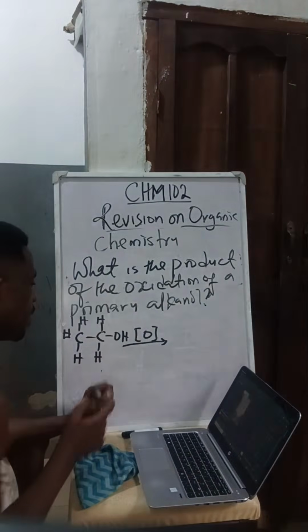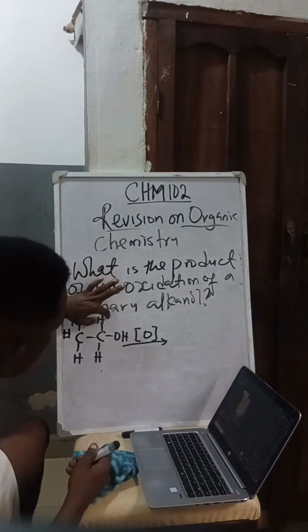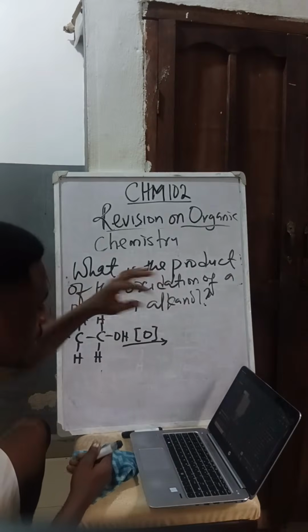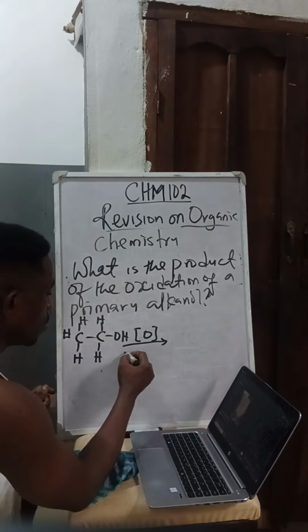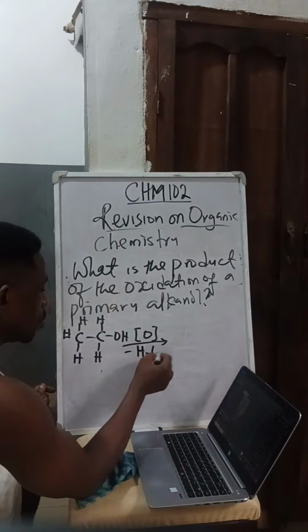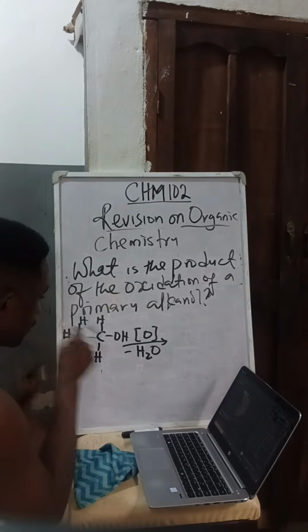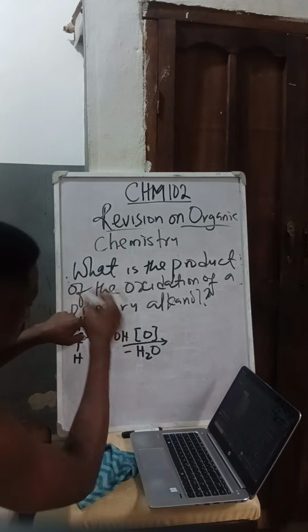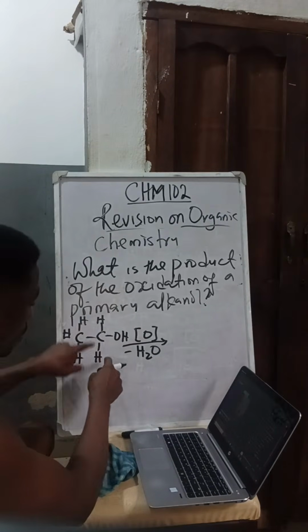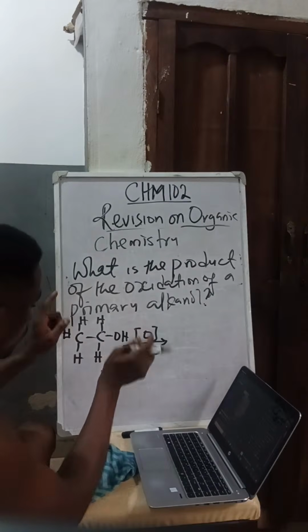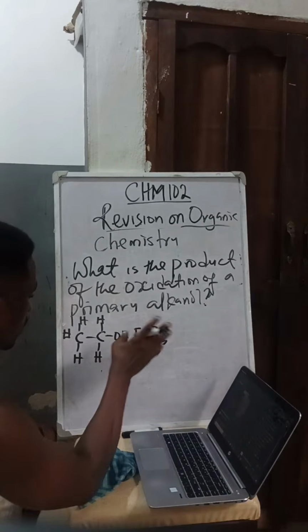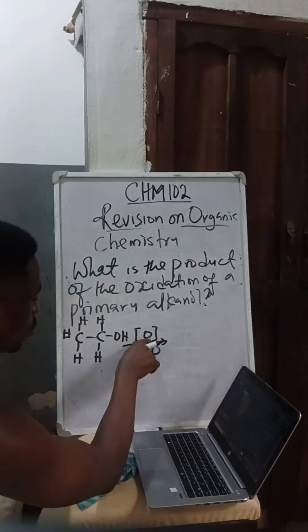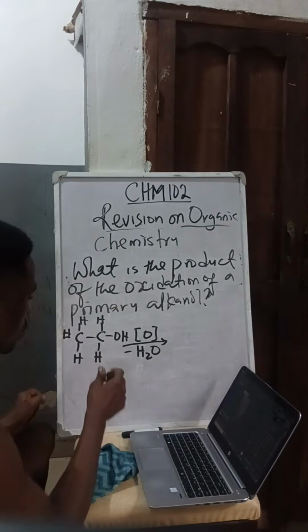This oxygen that will be added here will cause two hydrogen to leave so that water can be removed. So you remove water, H2O. So the 2H will go. And when the 2H leaves, it will join to this O.